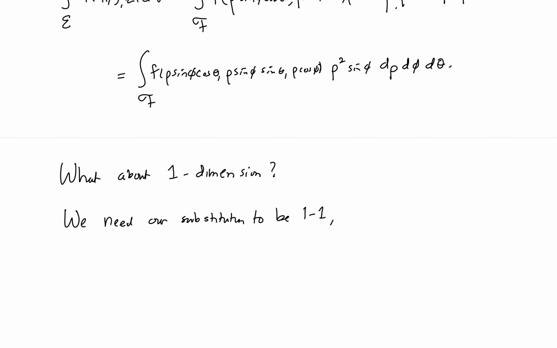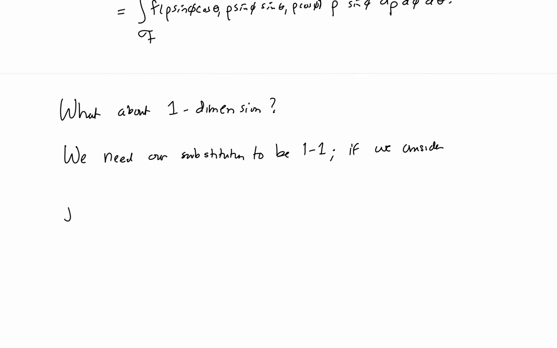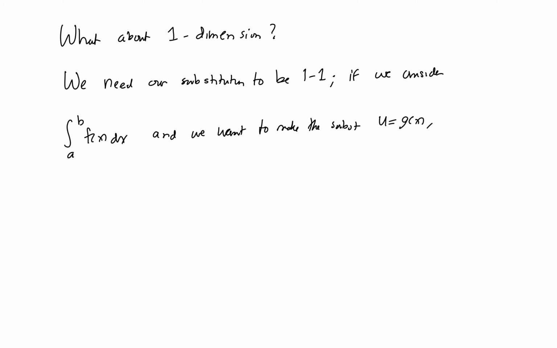So if we consider the integral from a to b of f of x dx, and we want to make a substitution, say u is equal to g of x, we need g to be 1 to 1. So that means g inverse exists as a function for us.